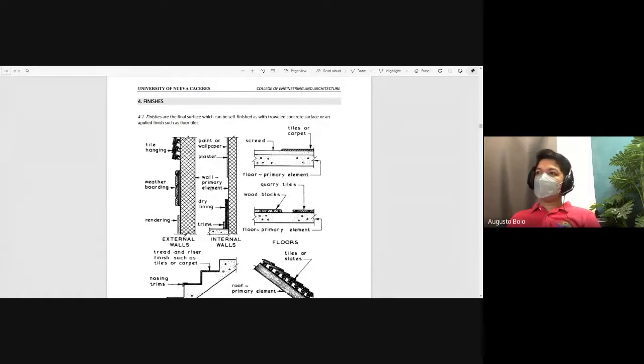So on your illustration are examples of finishes. Say for example, on the external wall, pwede tayong maglagay ng kung gusto nyong bricks, accent tile, ano pa ba? Mga weatherboarding, tile hanging, like yung mga naka-protrude na tiles depende sa application nyo.